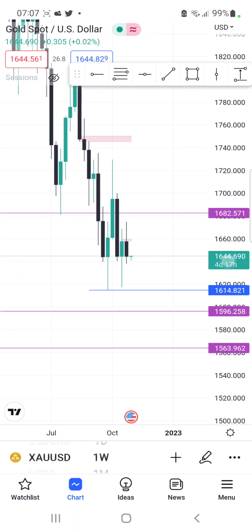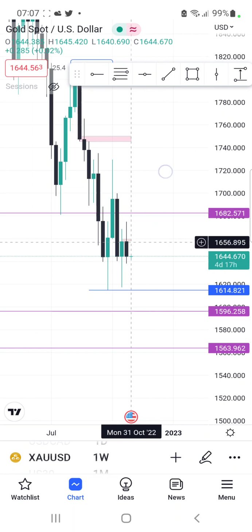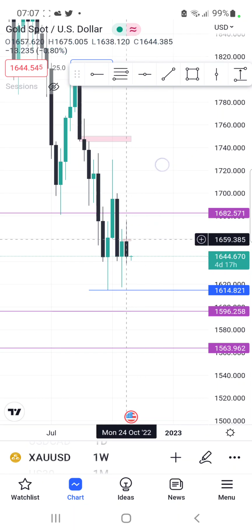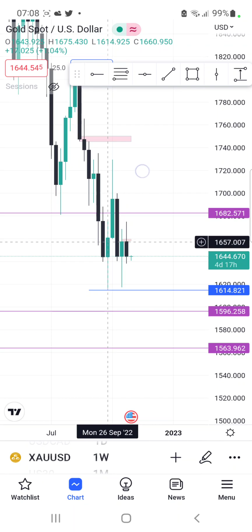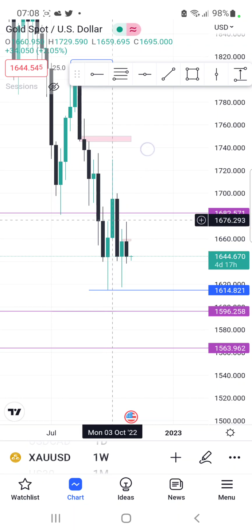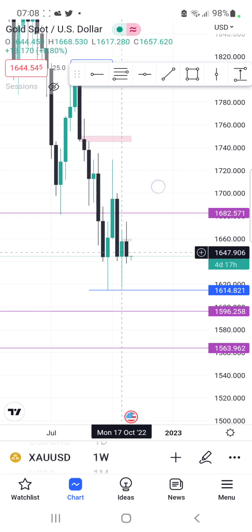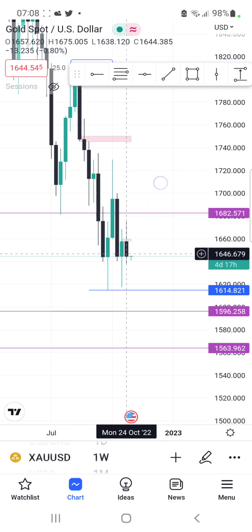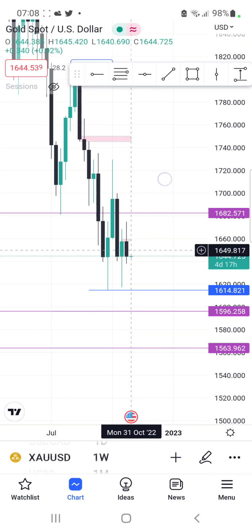If price was going to continue to the upside, last week's candle should have been bullish, all right? Because you see, when the market made the first swing low, the next week was quite bullish. Then when it made the next swing low, this was supposed to be quite bullish, but it was bearish.